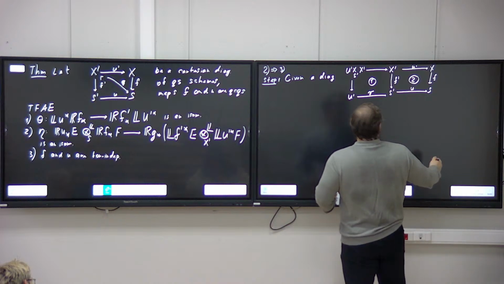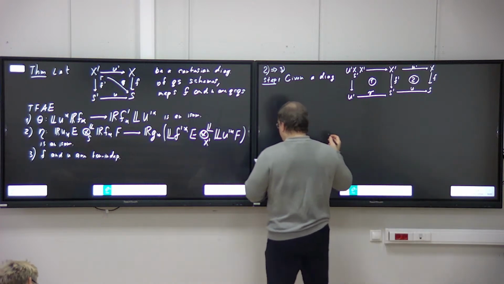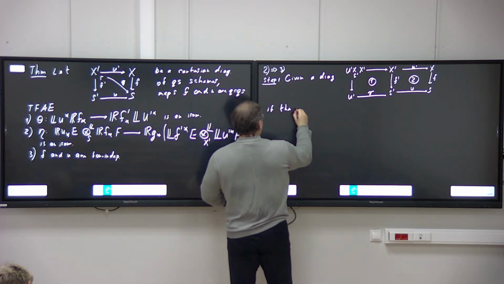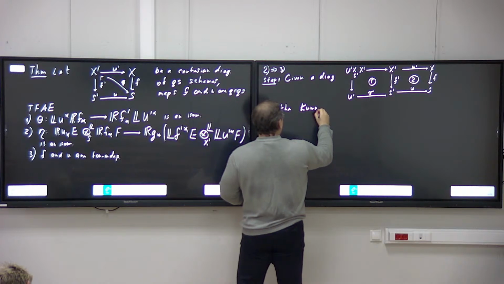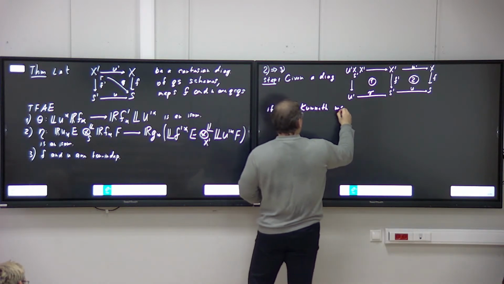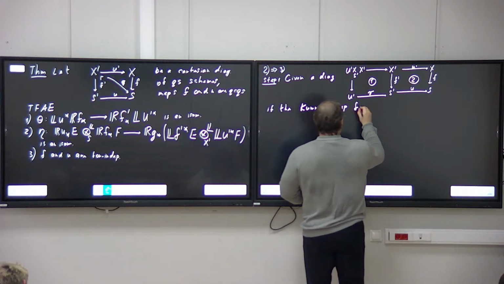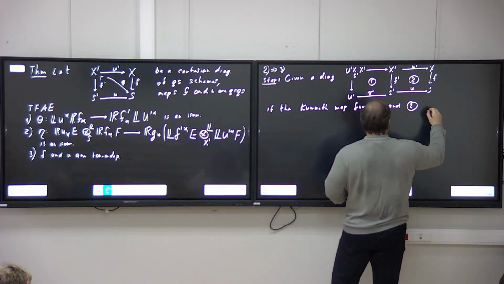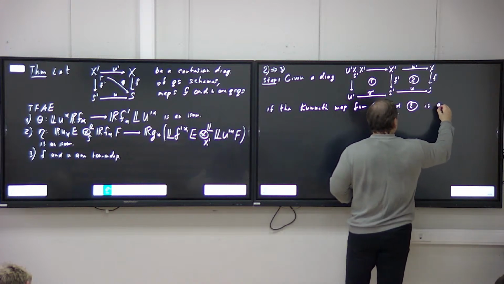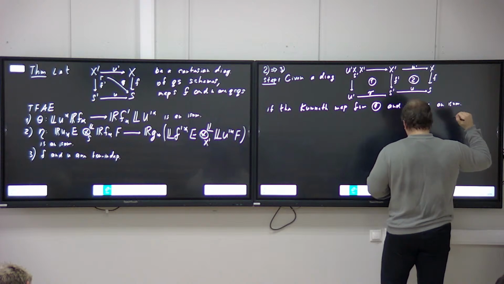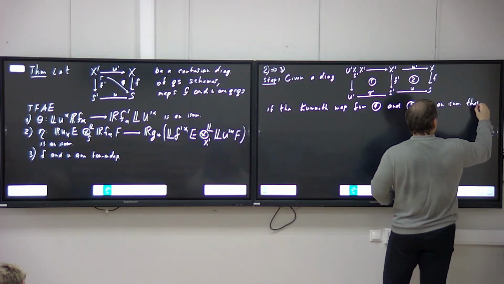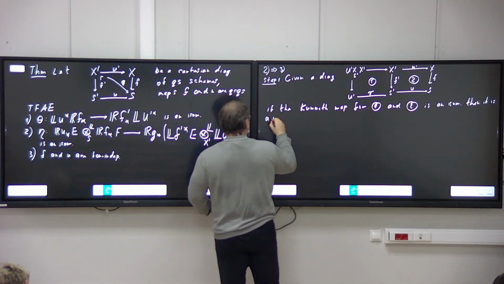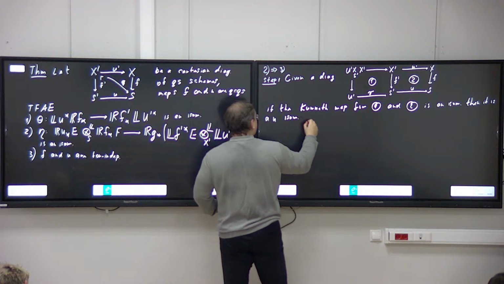So the claim is, given a diagram like this, if the unit map for 1 and 2 is an isomorphism, then it is an isomorphism for the rectangle.